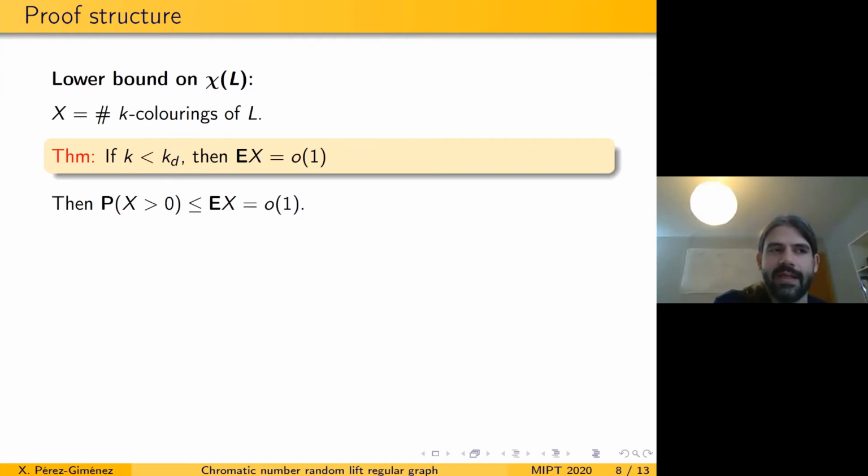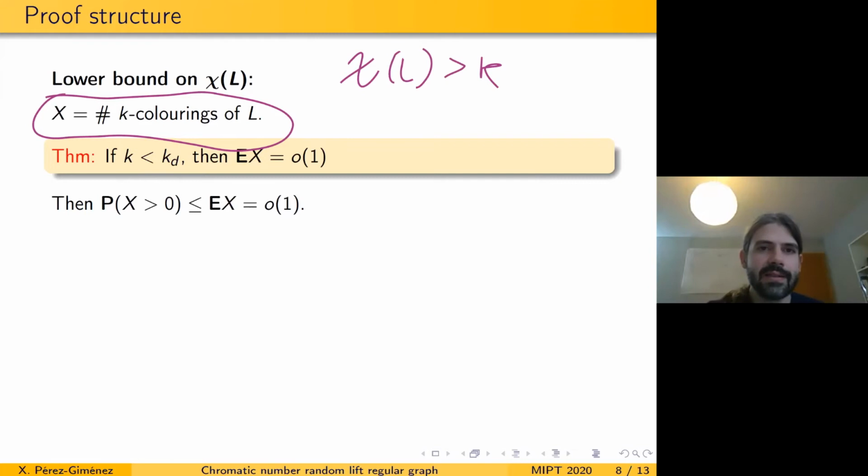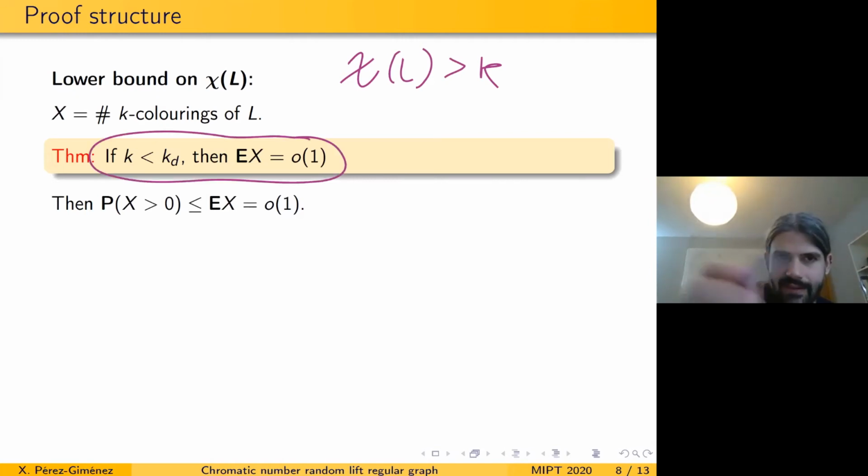Sorry, no, what am I saying? We want to show that the chromatic number is greater than some k. So k colors are not enough. So we create a random variable that counts k-colorings of the random lift. We compute its expectation and show that for k less than k_d, which is our target value, this expectation goes to 0.